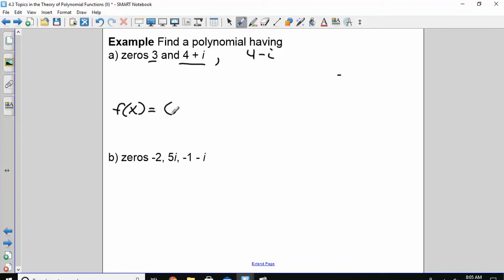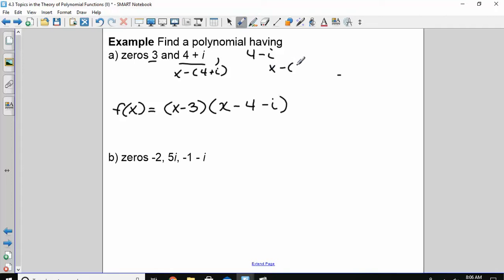and I'm just going to put it in factored form. So if 3 is a 0, what would my factor be? x minus 3. Okay, with the i's, when you do your zeros, you always do x minus those. So in this one, if I distribute my negative, you would have x minus 4 minus i.